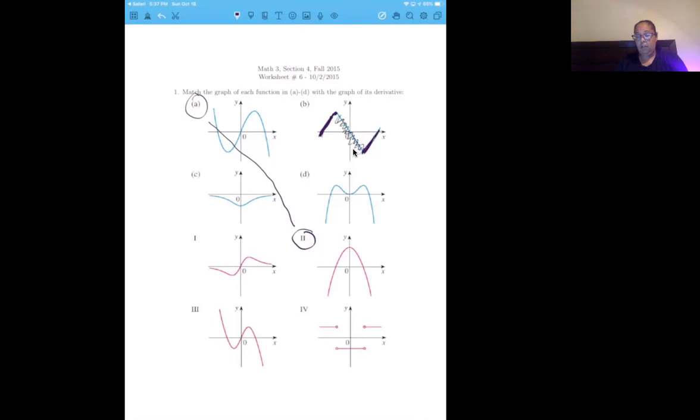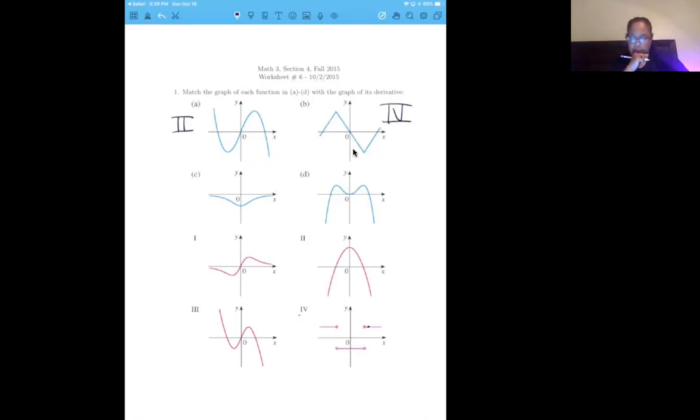And these two endpoints all need to have open holes because they're not differentiable at those points. So this is this one right here. They have constant slopes. Maybe I'll do it this way. So this one was 2. This one was 4.